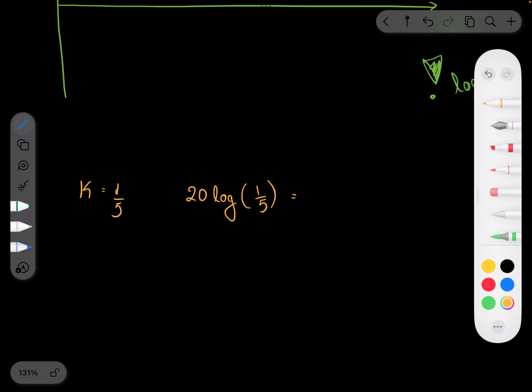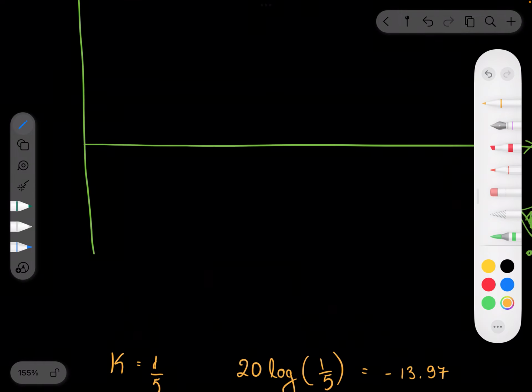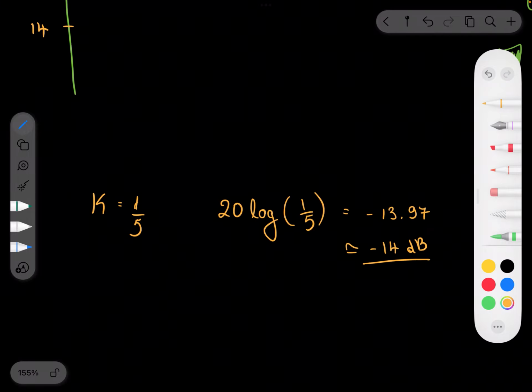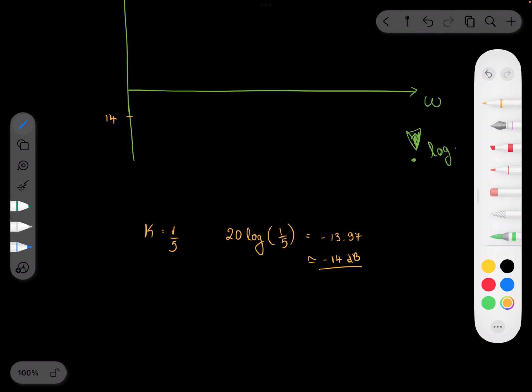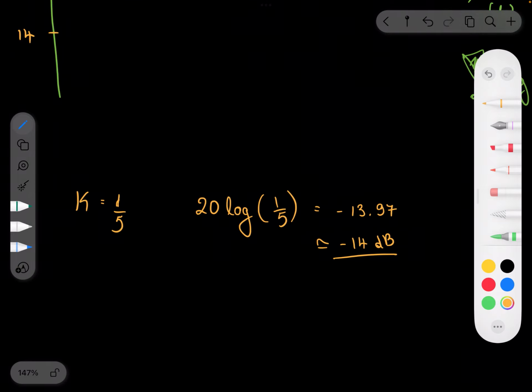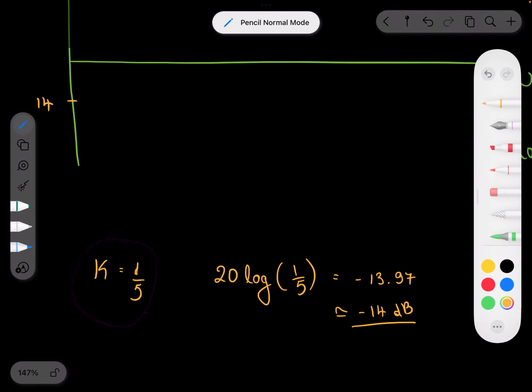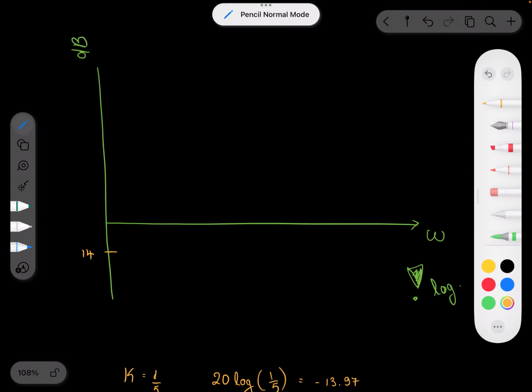Plug this in your calculator and you're going to get minus 13.97, approximately minus 14 decibels. So if you draw this one, minus 14 decibels, somewhere here, is it going to have a slope? No, because it's constant gain. Constant gain, just a constant line, no slope.